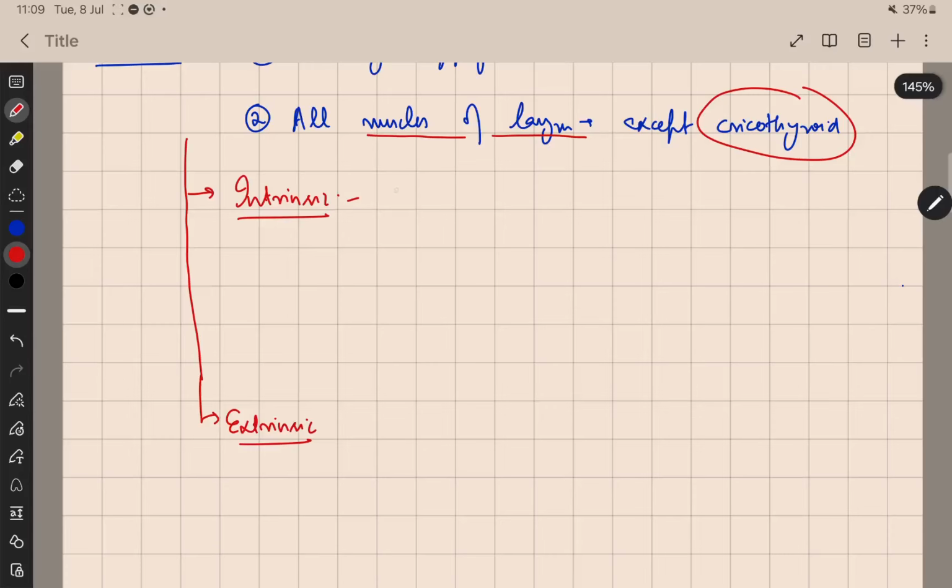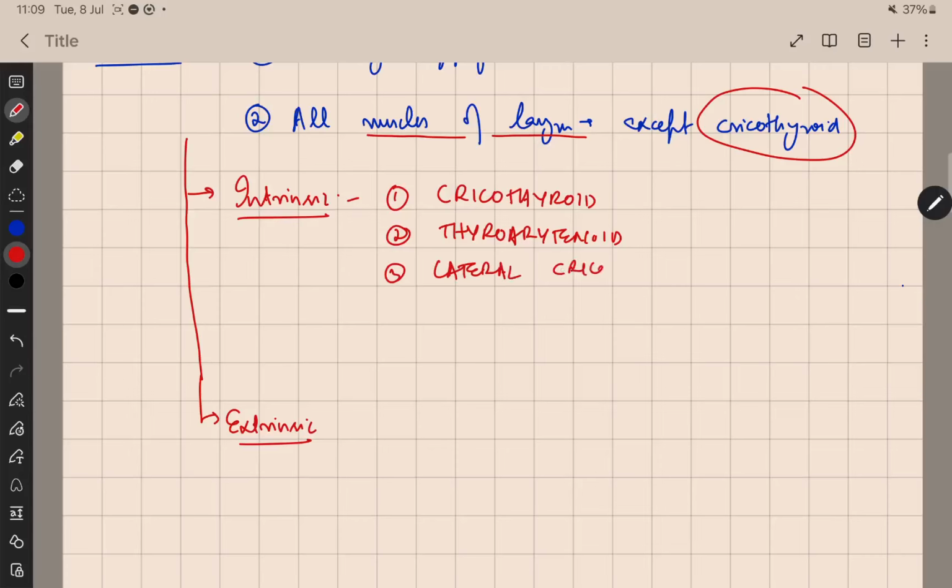Intrinsic muscles we can see: first is cricothyroid, second is thyroarytenoid, third is lateral cricoarytenoid, fourth is posterior cricoarytenoid, and fifth is transverse and oblique arytenoids.